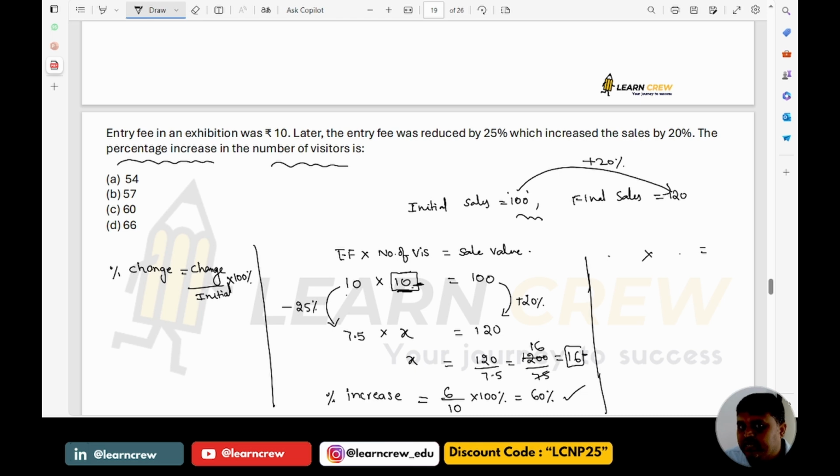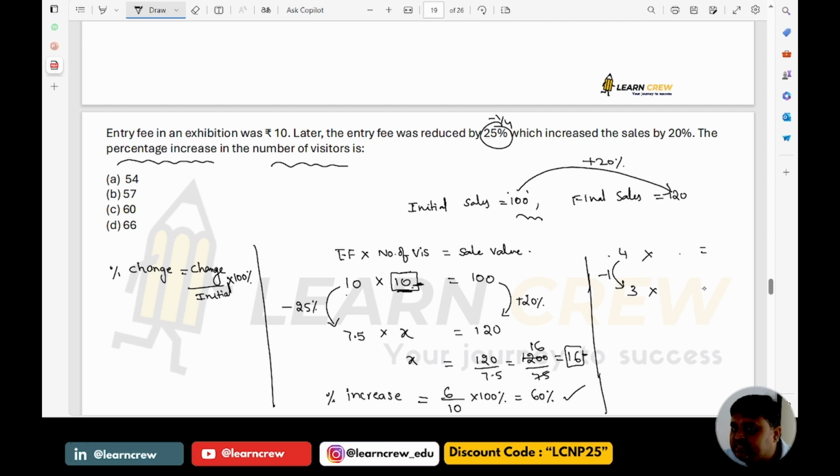It is given that the entry fee was reduced by 25%. 25% reduction means 1/4 reduction. If the initial is 4 parts, it is reduced by 1 part and becomes 3 parts. This is the meaning of entry fee reduced by 25%.